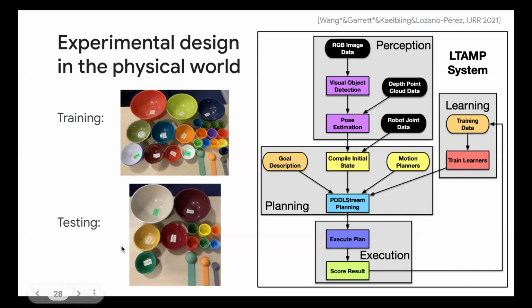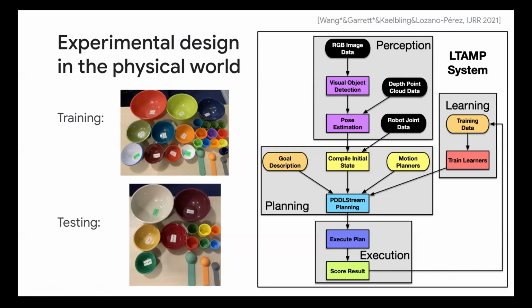So the left of the slide is illustrating the kind of objects that we're going to interact with, and then the right-hand side is the modularized system that we use to design our experiments and carry out the execution as well as score the results.